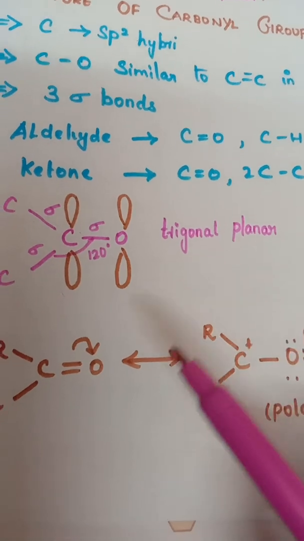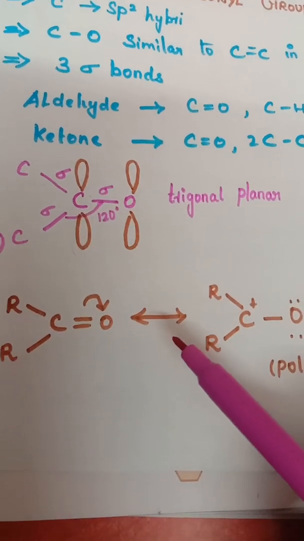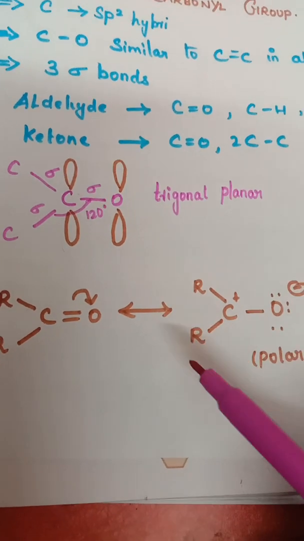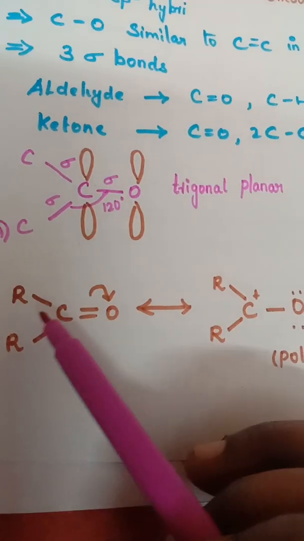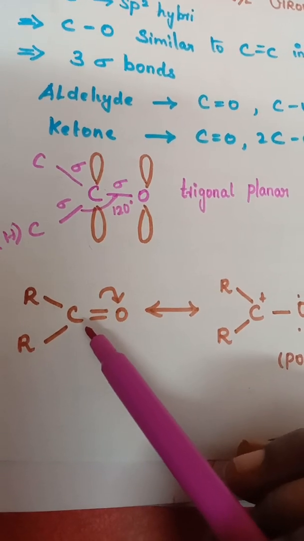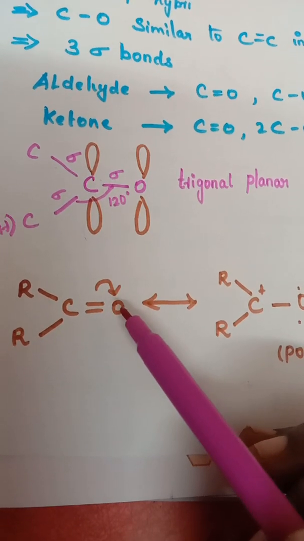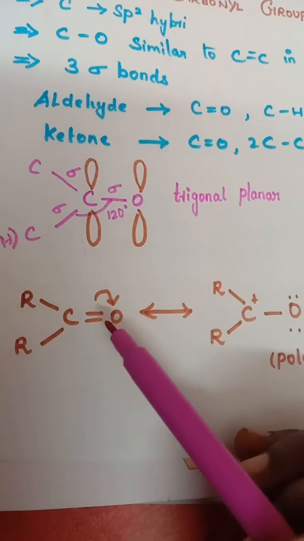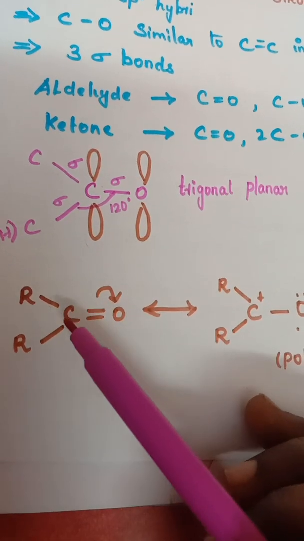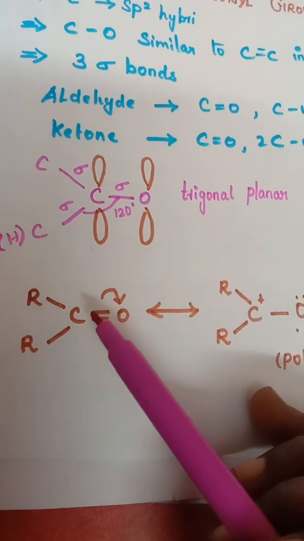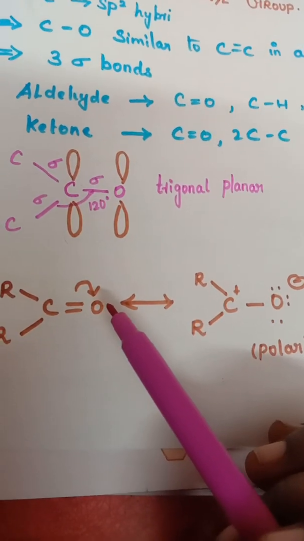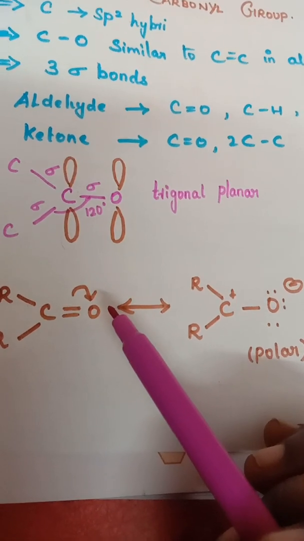Okay, so now we are going to see how they are more active. They are more active due to the polar bond. So how do they form the polar bond? Through resonance: this carbon is less electronegative when compared to oxygen. This oxygen is more electronegative, so it tries to pull the bond towards itself. As a result, since carbon is giving up the electron bond, it gains a positive charge. Since oxygen is gaining electrons, it gets a negative charge.